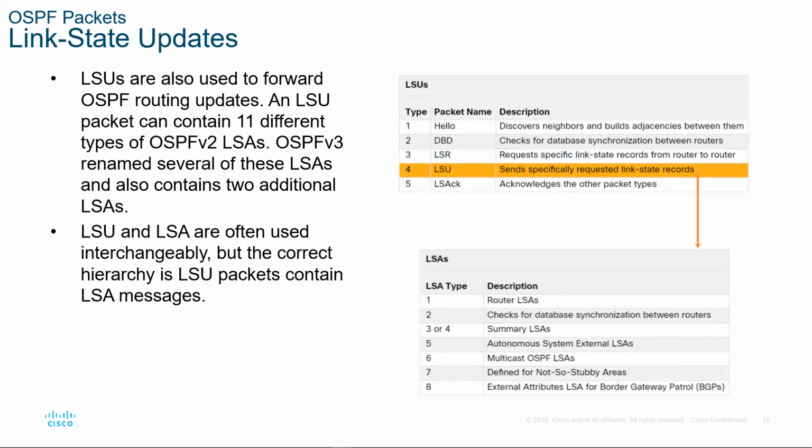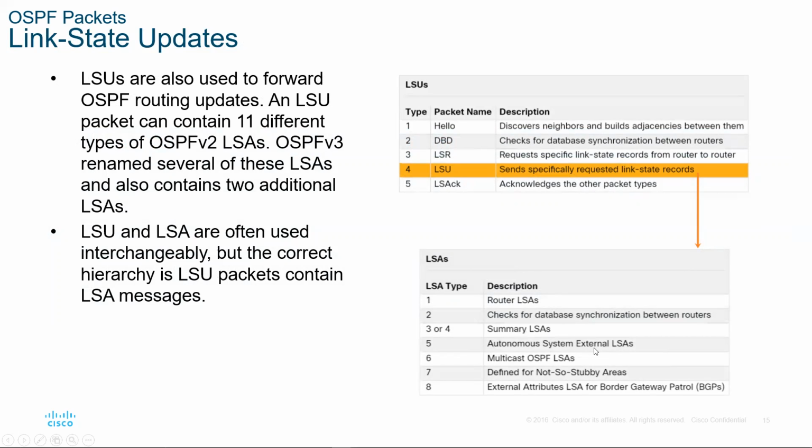So the types available of LSAs is router advertisements, the database synchronization, so type 2s, summaries, which is like the descriptor, autonomous system external LSAs. So the summary advertisements are used by the border routers.